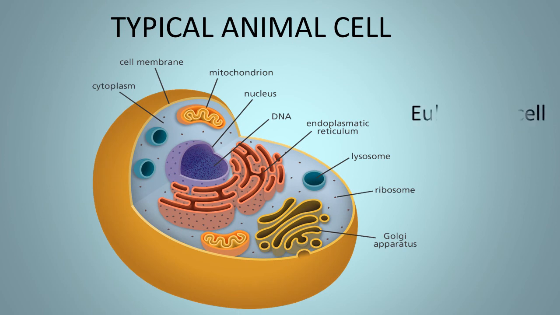Animal cells are eukaryotic cells, which means they have an organized nucleus and membrane enclosed organelles. Here you can also see organelles like nucleus, mitochondrion, endoplasmic reticulum, Golgi apparatus, ribosomes and lysosomes.